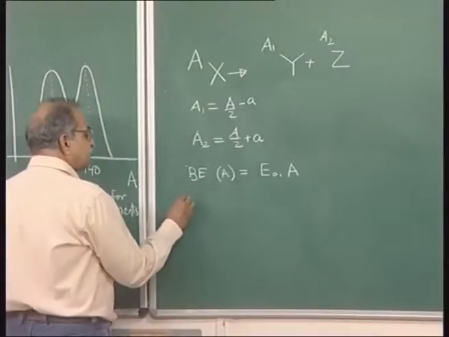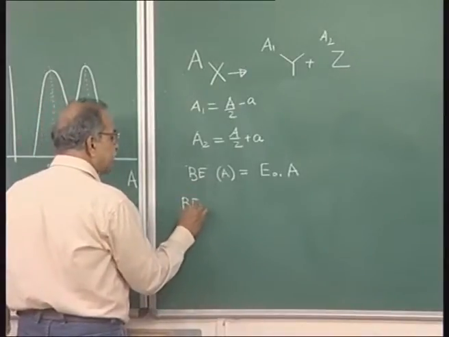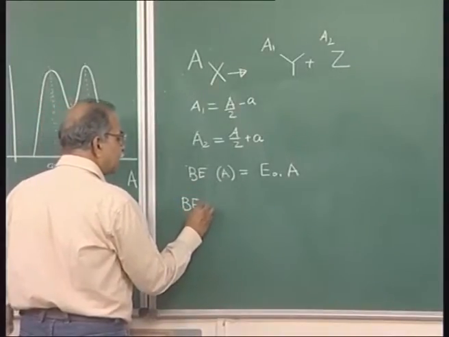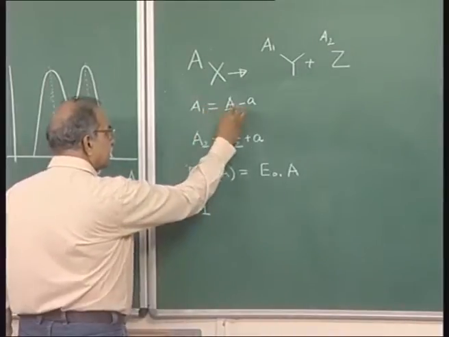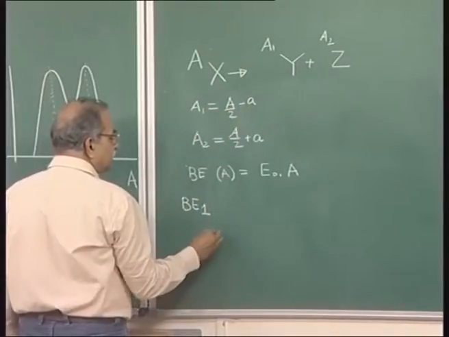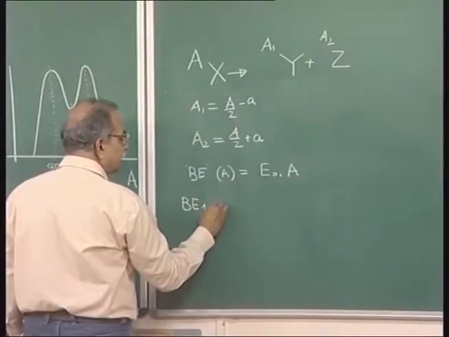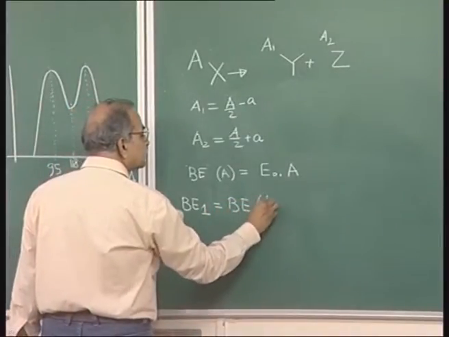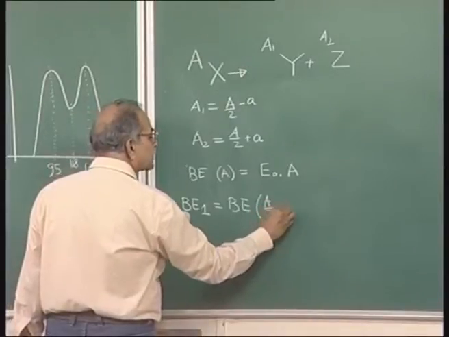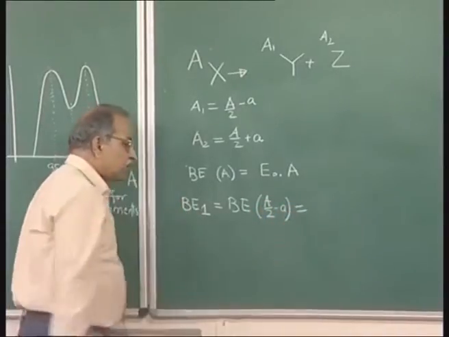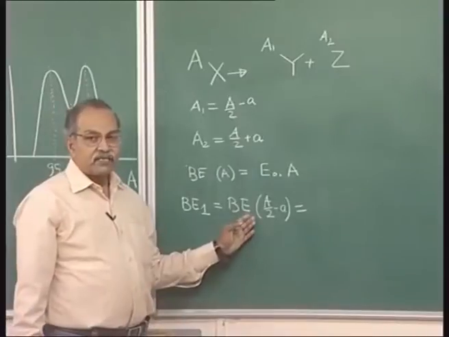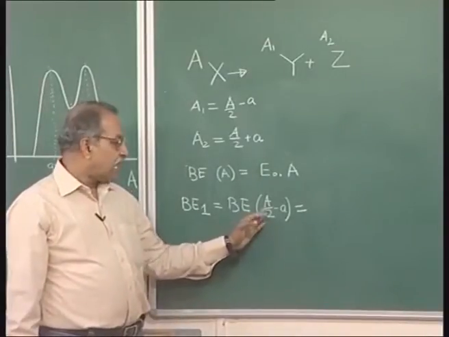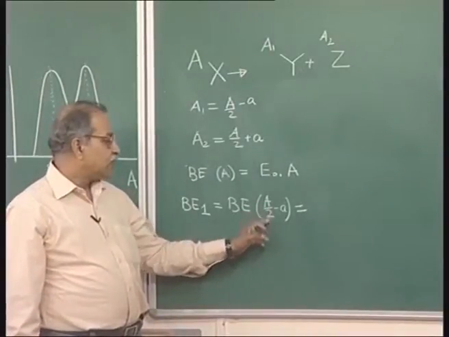Then you have the fragments. So, binding energy for the first fragment BE1, you can write this fragment, where A1 is equal to A by 2 minus a. So, its binding energy at this nucleus A by 2 minus a. How much is the binding energy per nucleon at this mass number A by 2 minus a?